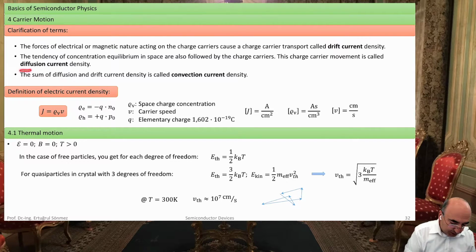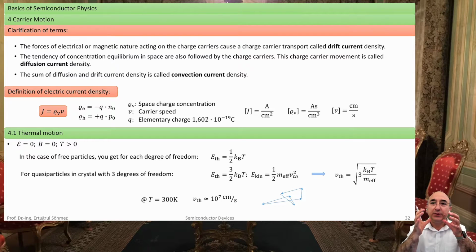So the engine behind the diffusion current is the difference in the concentration of the particles, not their charge and not a force outside the system. Okay. And if you put these together, you talk about convection. Both together is the convection. So these are the vocabularies we are talking to each other.